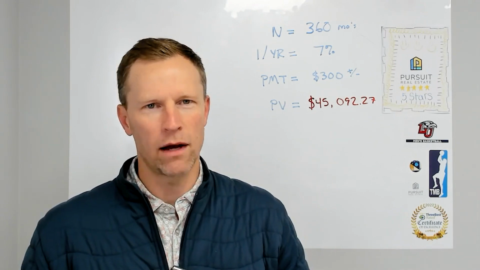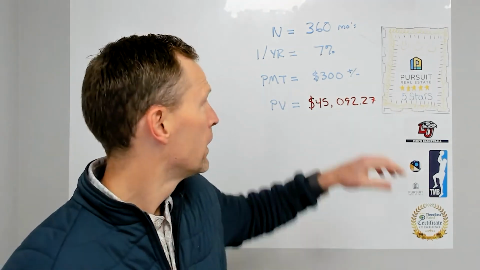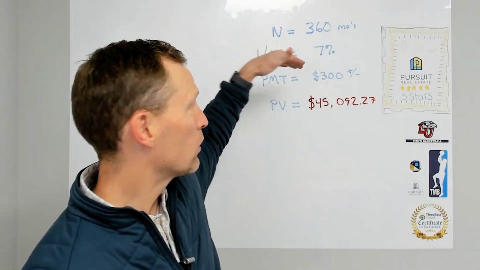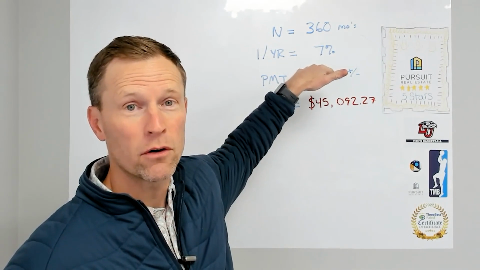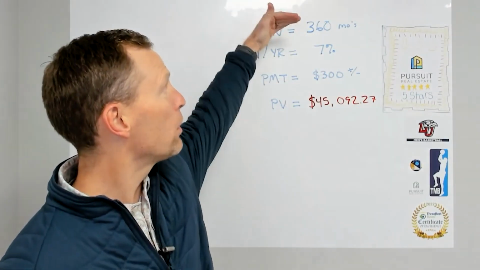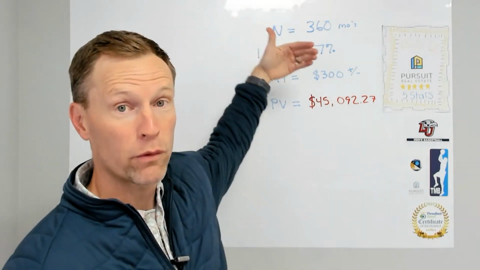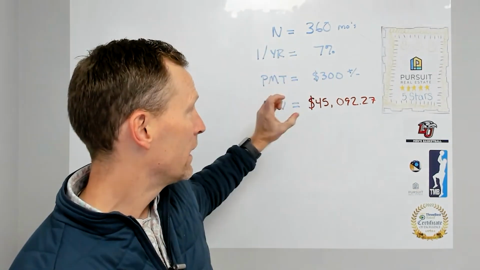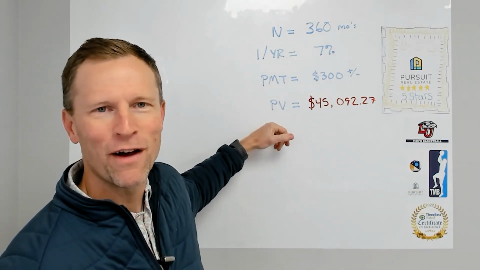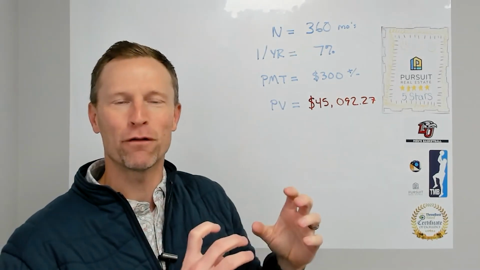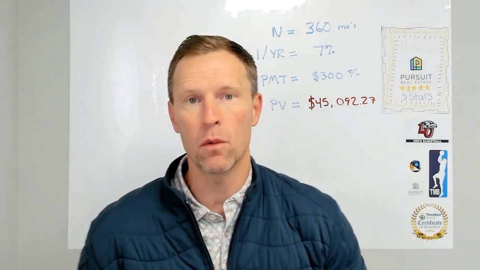I'll break this down a bit more in a second, but for the moment, 7%, and we're saying the monthly payment difference is $300. You see in red here, when I plug these numbers in, 360 months at 7% interest for a $300 monthly payment gives me a PV, or present value, a value difference of $45,000.